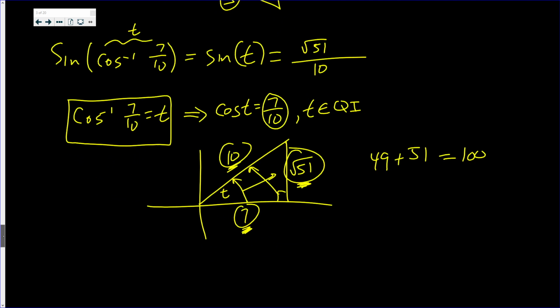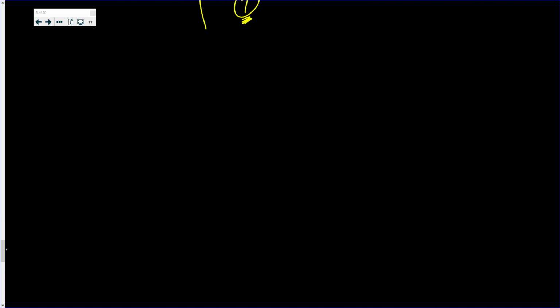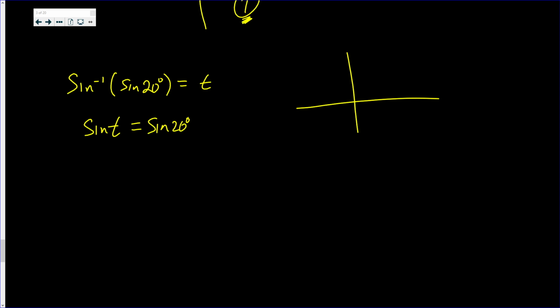Now, what is the sine inverse of the sine of 20 degrees? Let us call this t. We know that the sine of t is equal to the sine of 20 degrees. Now, the sine of 20 degrees is in quadrant 1, so this is a positive number.